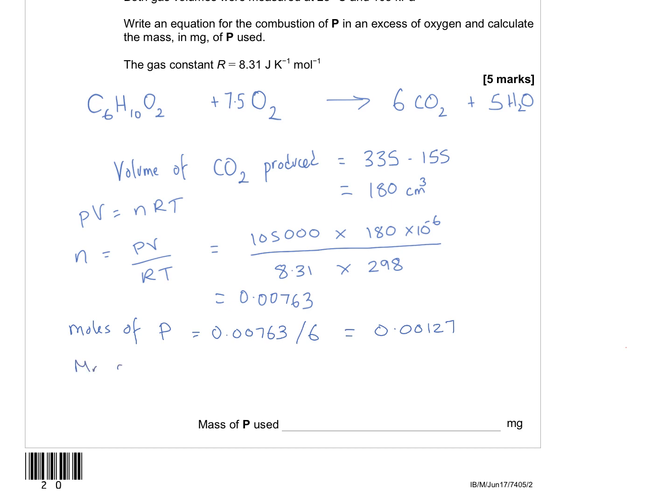And then we need that as a mass, so we need the Mr of P, so 6 lots of 12 plus 10 plus 2 lots of 16. So that Mr is 114. So 0.00127 times 114 will give us a mass in grams.